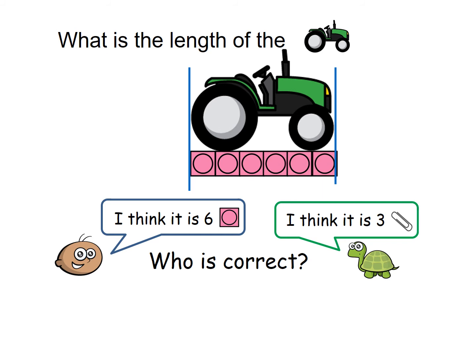See, it stops and starts just where the tractor is, in perfect line. And then let's lay out paper clips. 1, 2, 3. So one thinks it's 6 cubes long and one thinks it's 3 paper clips. Who is right? Pause the video and write an answer on your sheet.